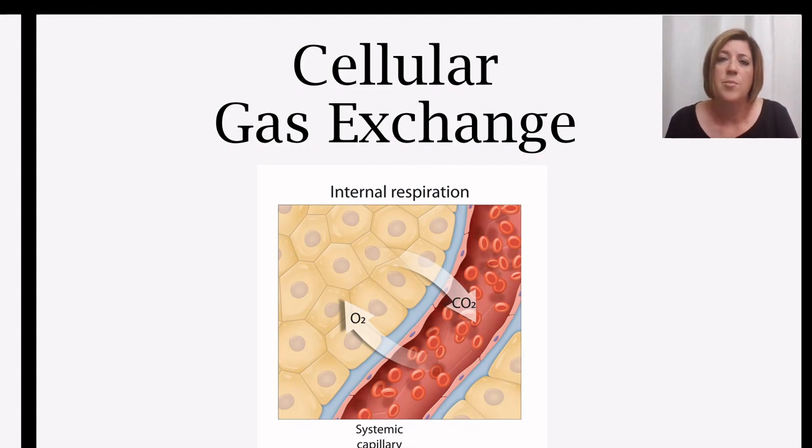So you have oxygen moving from the bloodstream into the cell, and then the cell needs to get rid of their byproduct of CO2. So we have a high concentration of CO2 in the cells and less in the blood. So the CO2 will diffuse into the blood.